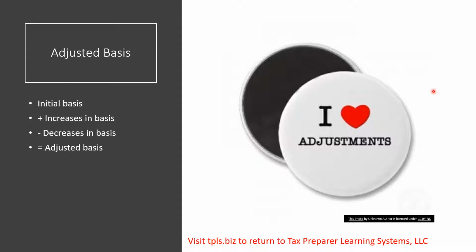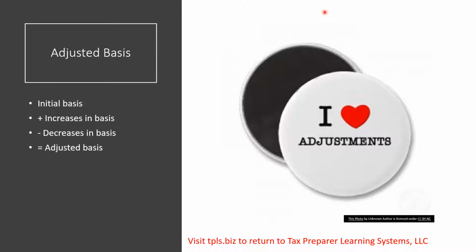And then we come to adjusted basis. Adjusted basis takes into account items that happen after the initial starting point. So up to this point, we've looked at the initial starting point, all the various ways that assets can be acquired, and what the initial starting point would be for them.